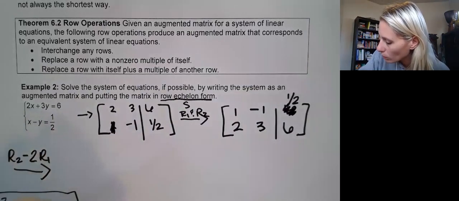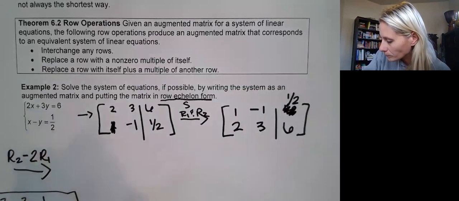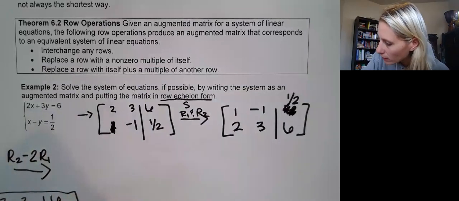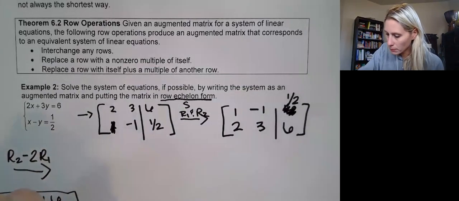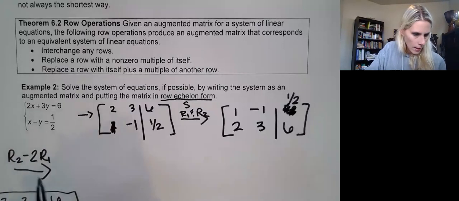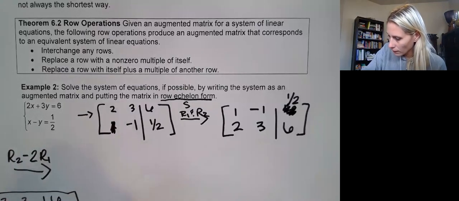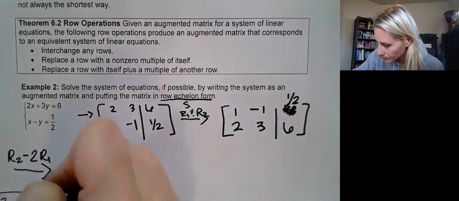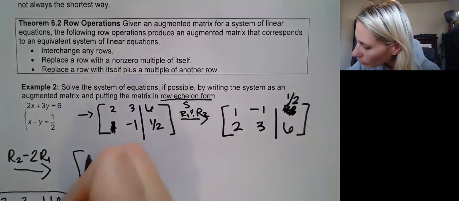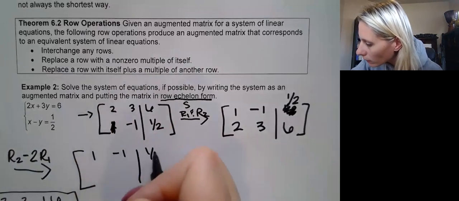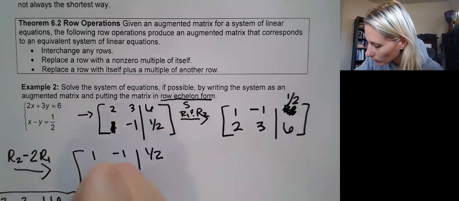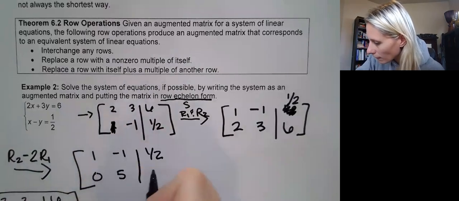So I have 2, 3, 6. I'm going to multiply that row 1 by 2. So 2, -2, 1. And I'm going to subtract it straight down. I get 0, and then I get 5, 5. Now my new row 2 is 0, 5, and 5.